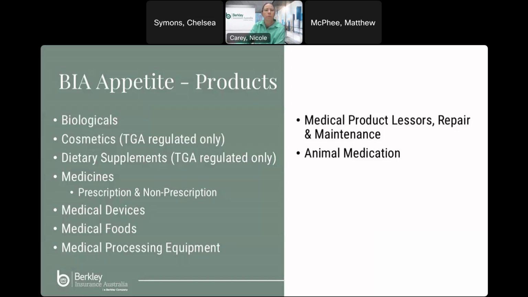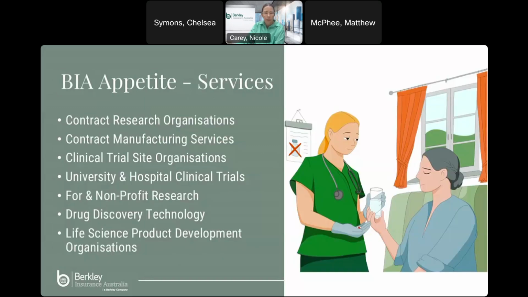We can consider those under our life sciences wording too. So that's medical products. The other thing that our life sciences wording can also cater to cover is medical services. So the first one that we've got there are contract research organisations. A contract research organisation is an organisation that provides specialised support to pharmaceutical and biotech companies.